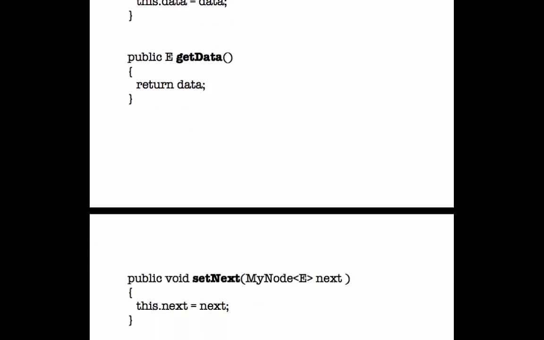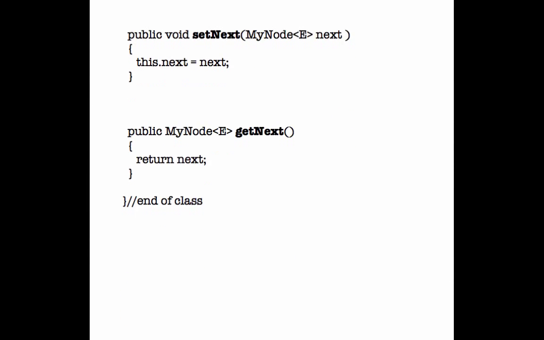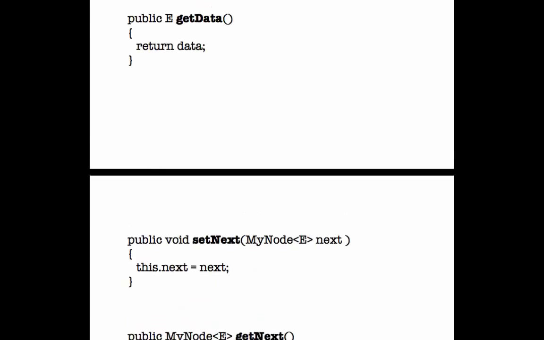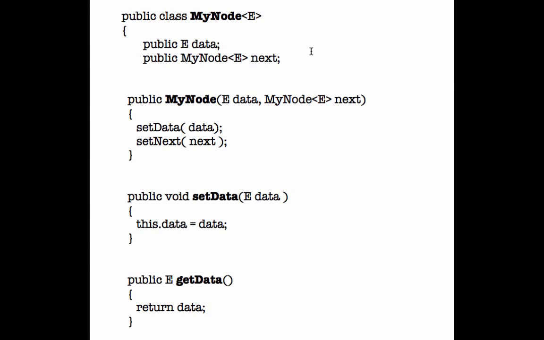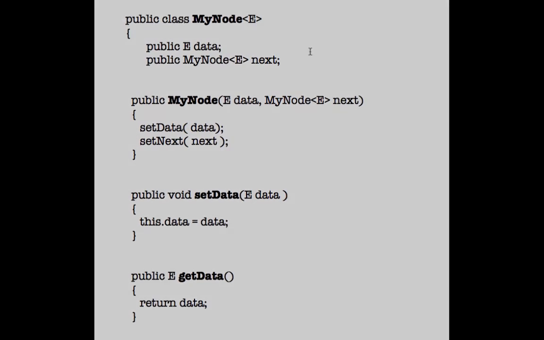And finally, I have a setNext and a getNext that deal with the other field, which is the reference to the next node that I call next. setNext is a mutator, and given a new reference, I assign that to the current next. And getNext is my accessor that simply returns the reference called next. So a very, very basic implementation of a node. I have used this class MyNode on different occasions to implement different data structures.